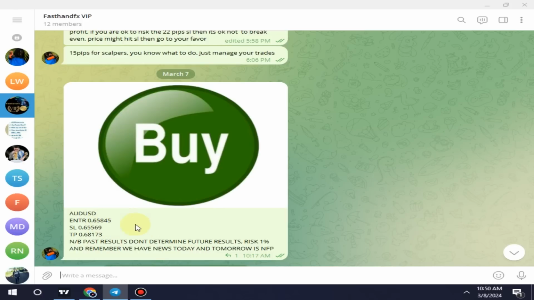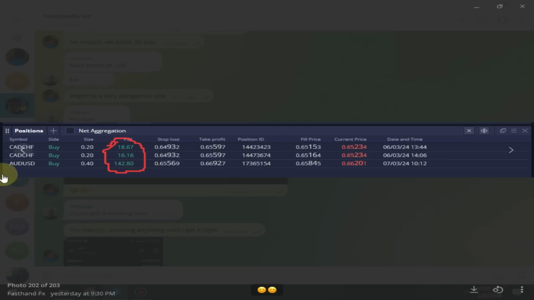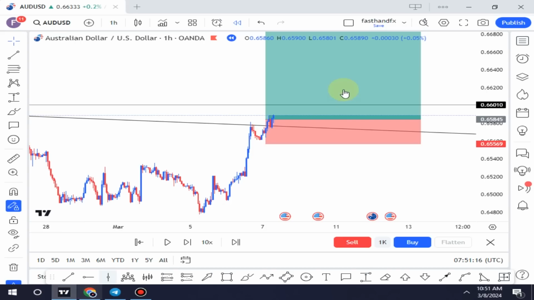Look at this. And you can confirm. Let me show you that, guys, I do take these trades. So yeah, of course, with the prop firms, we are using DX Trade. So if we look at this Aussie USD, my entry position, let me show you where the entry is. Okay, 0.65845, I believe so.